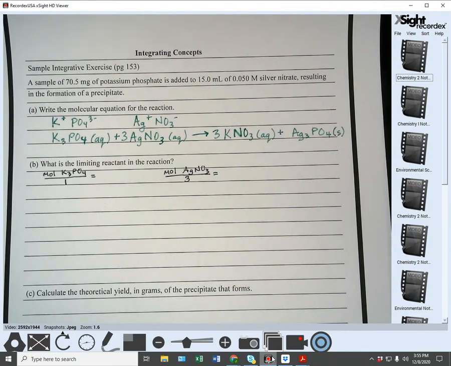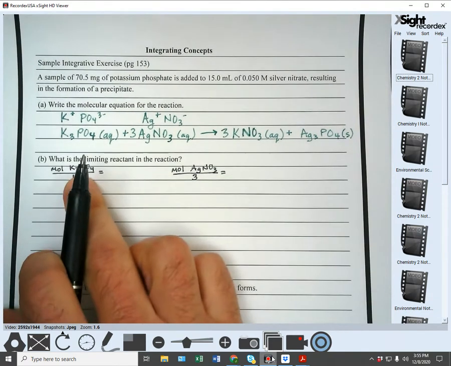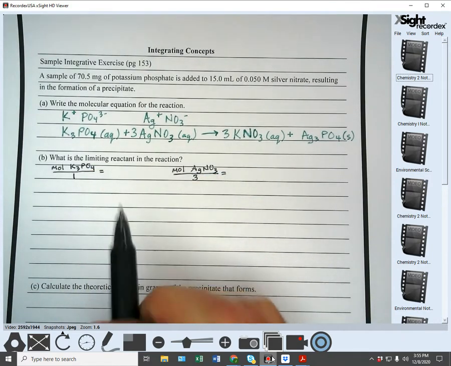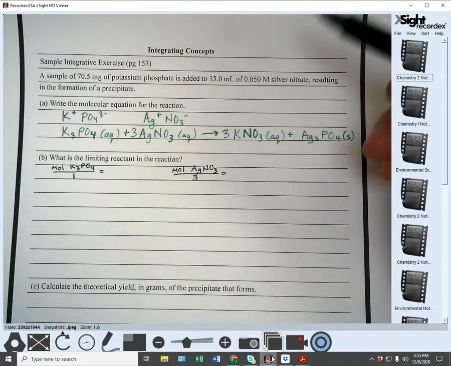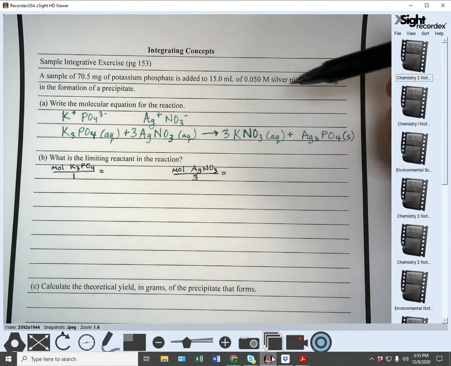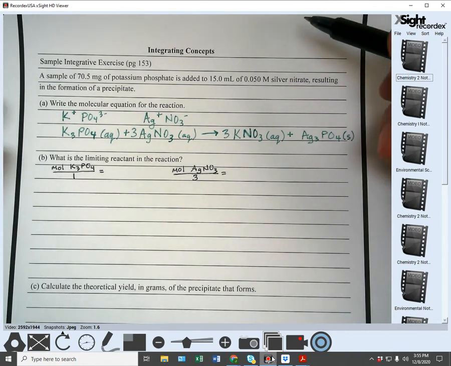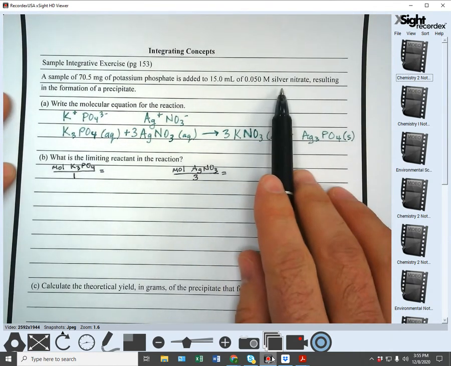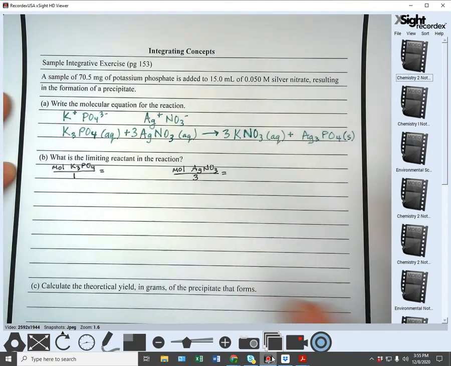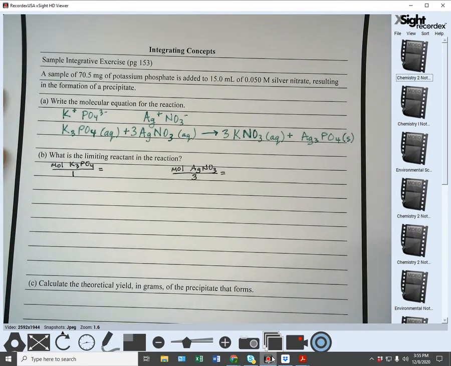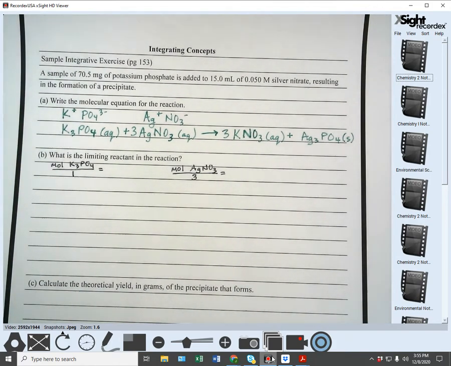All right, so what we need is moles of each of these. So let's look and see what they gave us and see how we can get that. All right, so moles of K3PO4. Okay, so I'm going to actually do these. I probably should have done it up here in a different color.